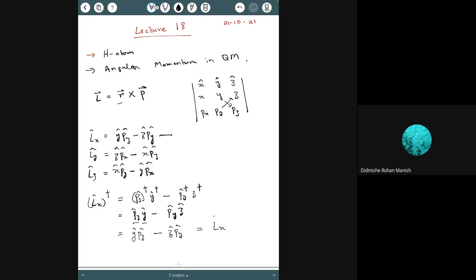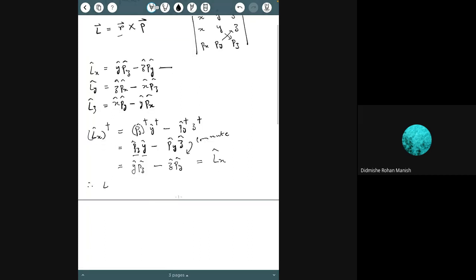So this is equal to Lx. So now I have shown that Lx is Hermitian.